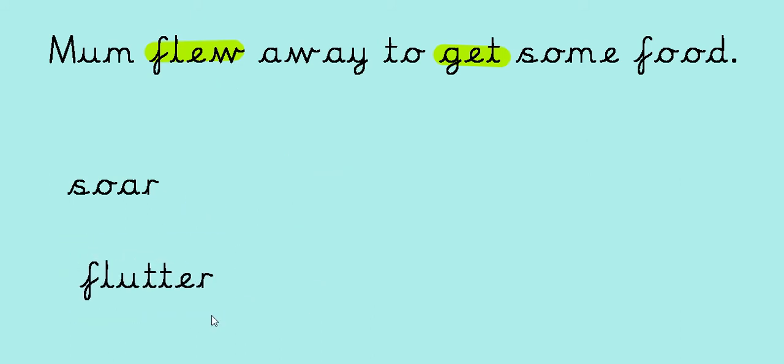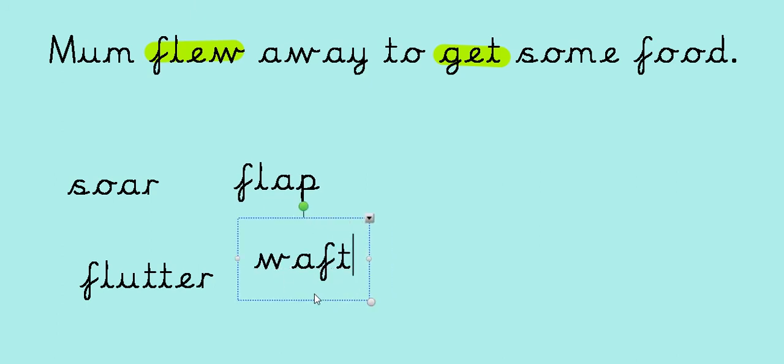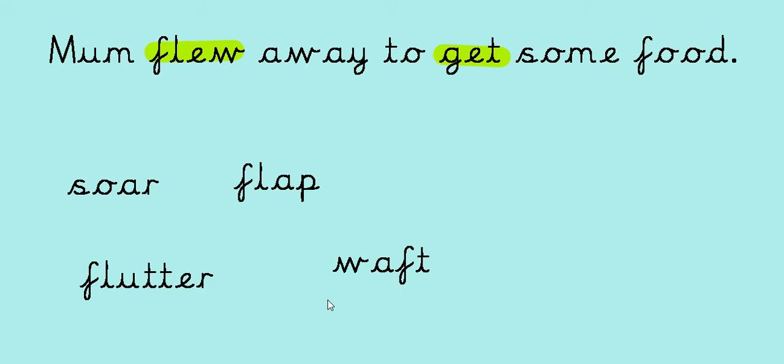Oh, what about flap? I could have waft. That's like when something wafts around, it sort of floats around. Or maybe I could have one that is quite a speedy word, jet. Okay, so I've come up with some different, pretty interesting verbs, if I do say so myself. But now I need to choose one.